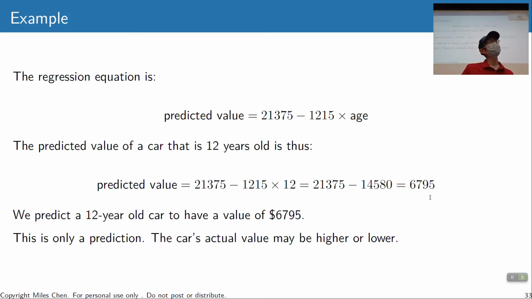Again, this is a made-up data set. I don't think these numbers are accurate at all. But this is the idea: if you plug in the age of the vehicle, it spits out a number, and that's how much we predict the car is worth. This is just a prediction. The actual vehicle that's 12 years old could be worth a lot more or less, depending on other factors.